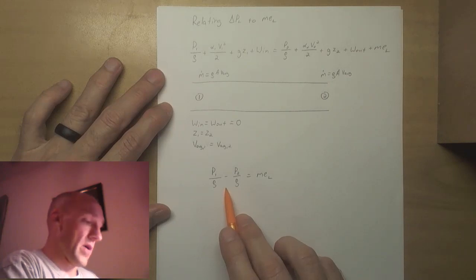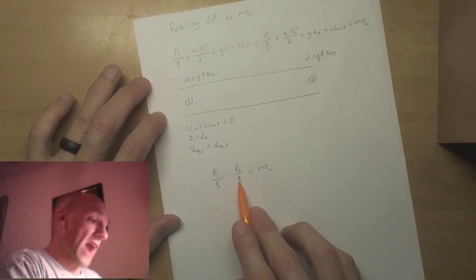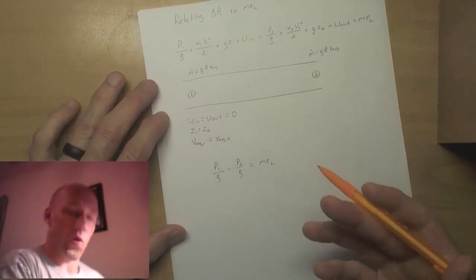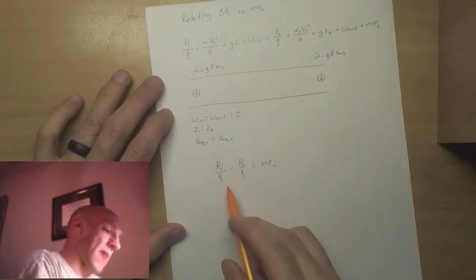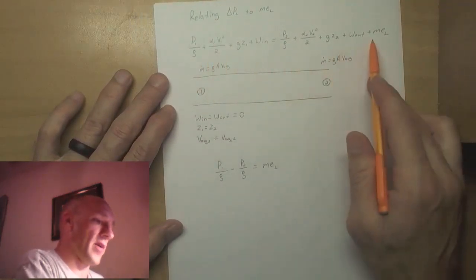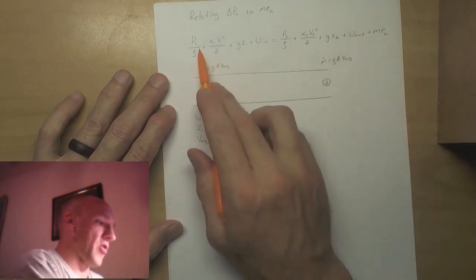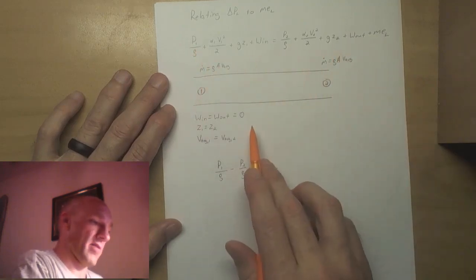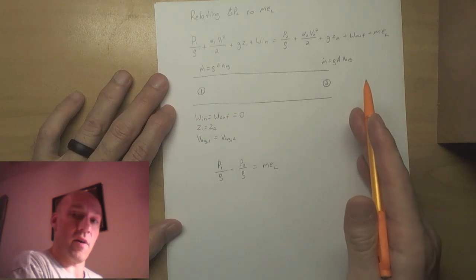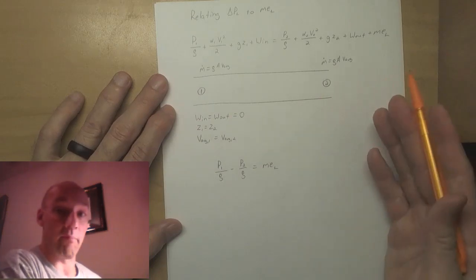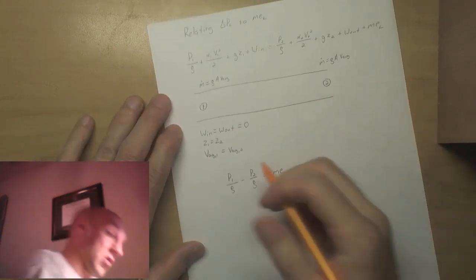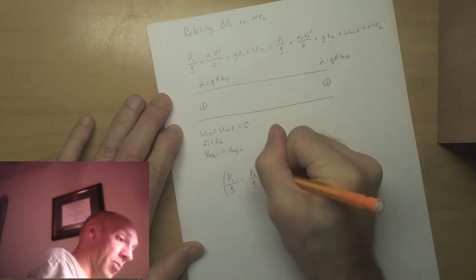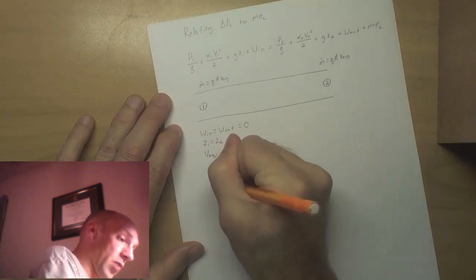Now, what we're actually after is the total work required. We have to remember back to when we were deriving this form of the energy equation. All these are energy per unit mass. What I need is energy per unit time. So I need to multiply all these by the mass flow rate.